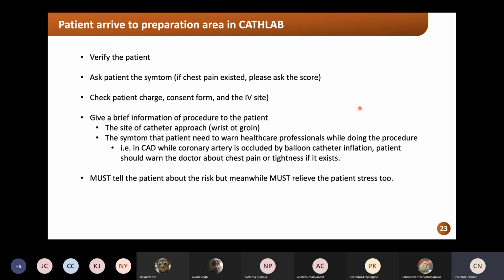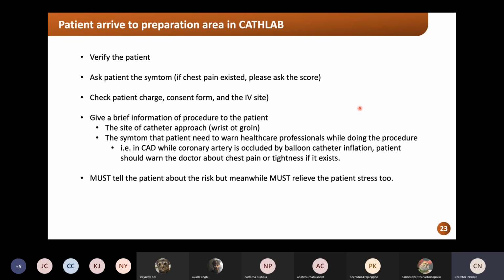interventional cardiologist. And you have to give brief information about the procedure to the patient as well, like the size of the catheter and the approach. We will insert the catheter through your wrist, or we will insert the catheter through your groin, or something like that.